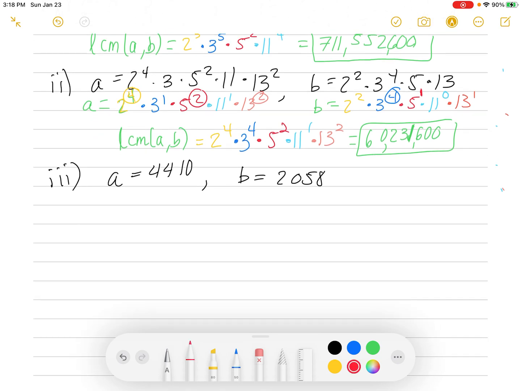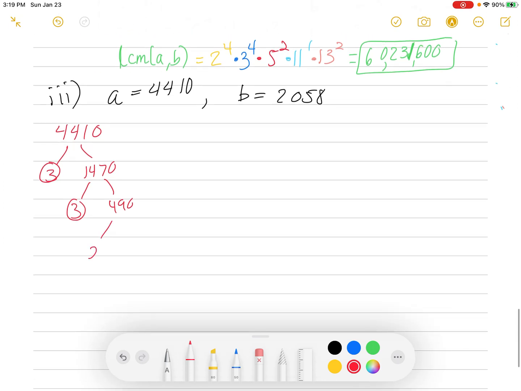So these are not factored into prime power form, so we want to do some factoring first. I'm going to take 4410. Notice that's divisible by 3. When you divide 4410 by 3, that gives you 1470. 1470 is divisible by 3. Divide that by 3, you get 490. 490 is not divisible by 3, but it's divisible by 2.